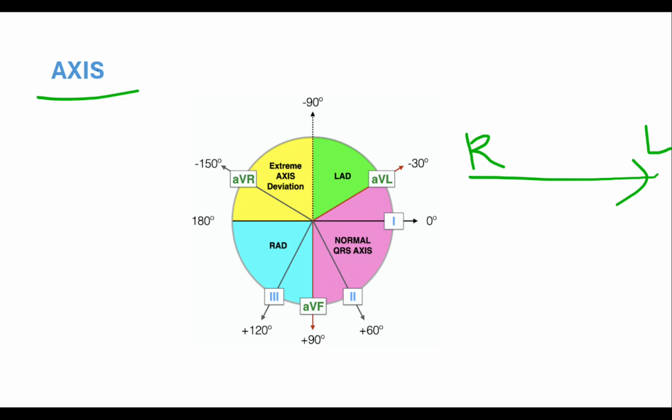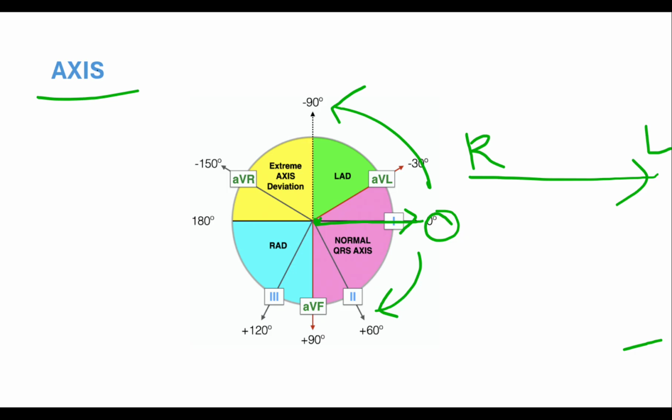We are placing everything from a single starting point, along the 0 degree axis. For convenience, we take the x-axis as 0 degree, everything clockwise as positive, and everything anti-clockwise as negative. So lead 1 is along 0 degree.